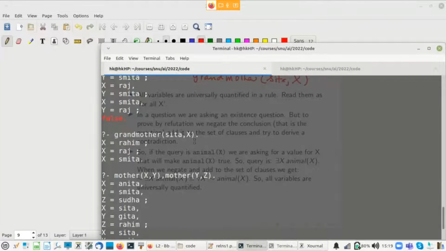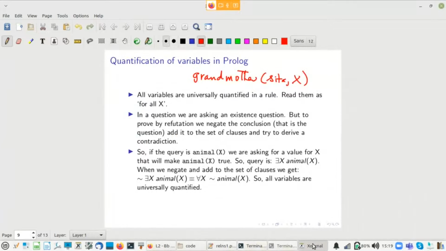So we said grandmother Sita X. So what is being said here is that find me all instantiations of X. So find X, right? Or equivalently, does there exist an X such that grandmother Sita X, a specific instantiation of X, is true? So what you are essentially saying in that case is, does there exist X such that grandmother Sita X is true?